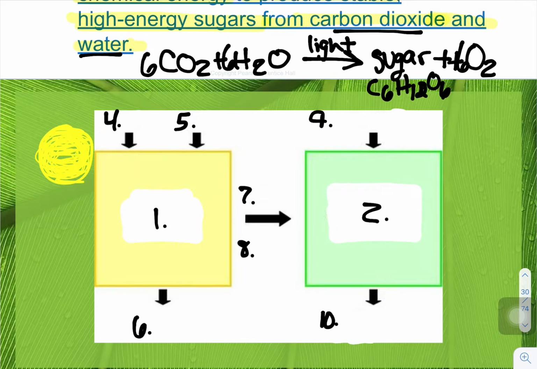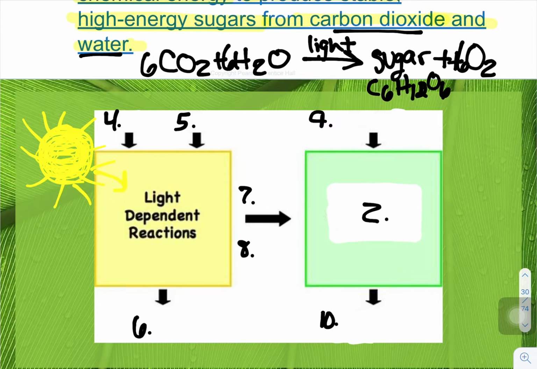I should have made the pen a little bit bigger. Sunlight is coming in to this first part. What is the first part of photosynthesis? Those are called the light-dependent reactions. So go ahead and fill that in for number 1, the light-dependent reactions.